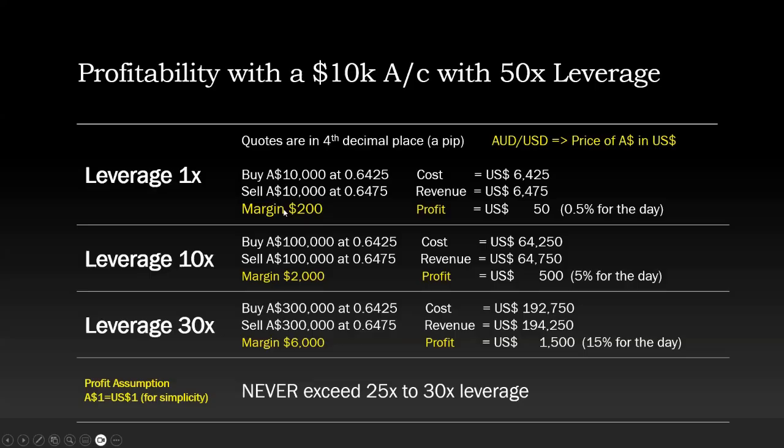This is a broker protecting himself. If he had to exit you and you had no other money in the account, then 200 is still available for the broker to close your position and for him not to be out of pocket. So he's blocking your availability of $200 because of this trade.